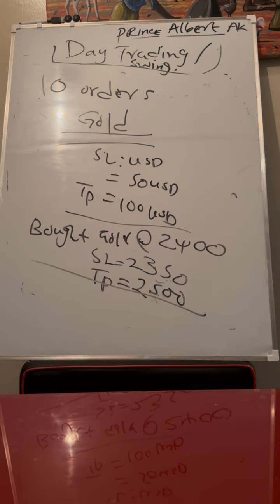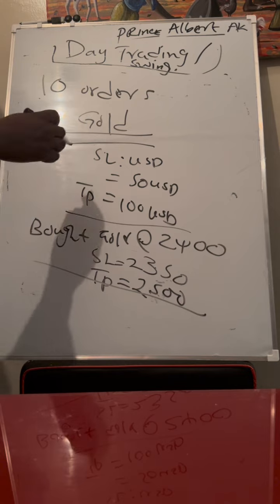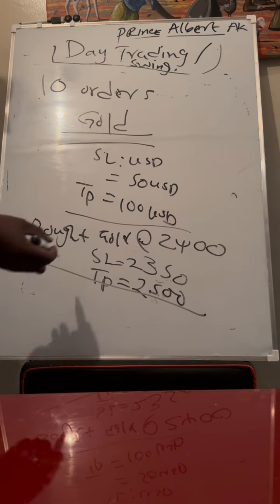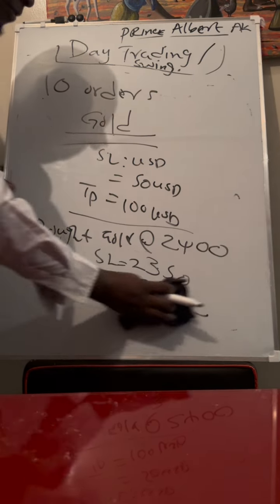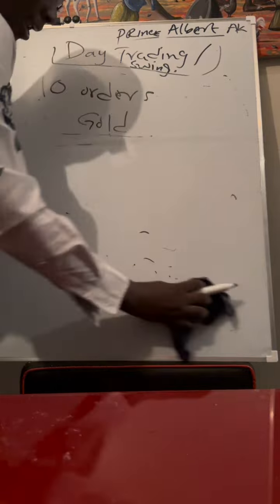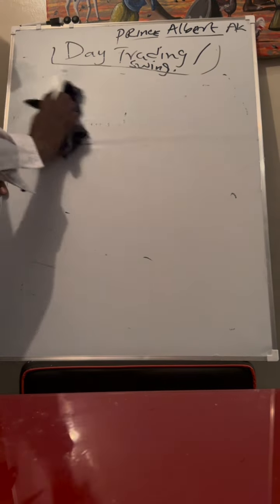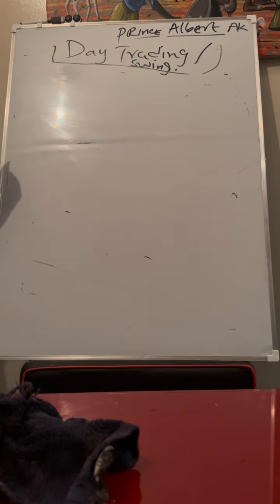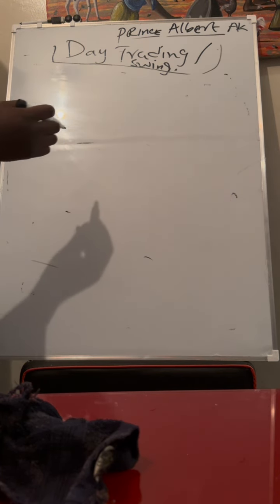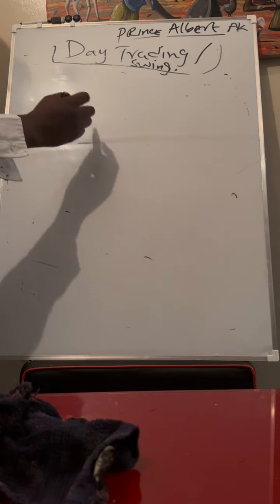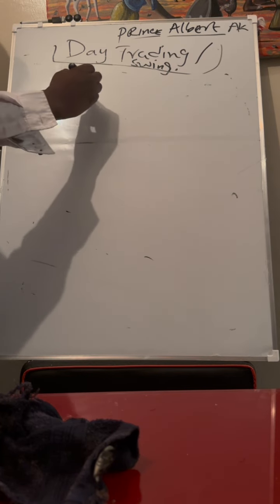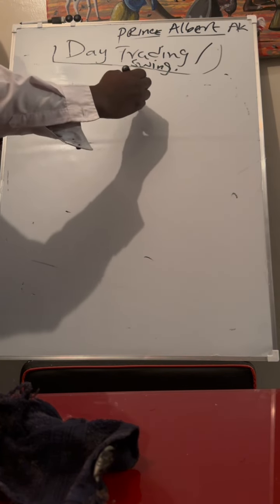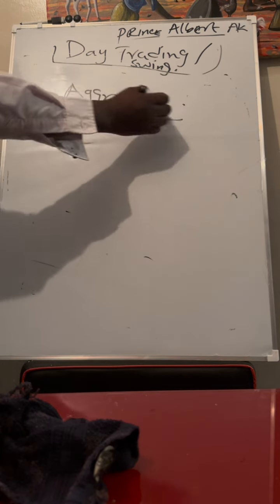For gold, I'm very sure you can hold it 1 or 2 days. When you do this, it works very well. I've tested this formula for so long, and it has really worked. You can easily make good returns from a very small account. Because you are doing aggressive trading, every day you have an open order.